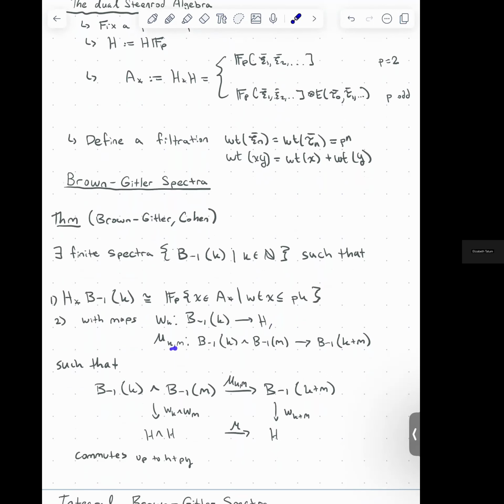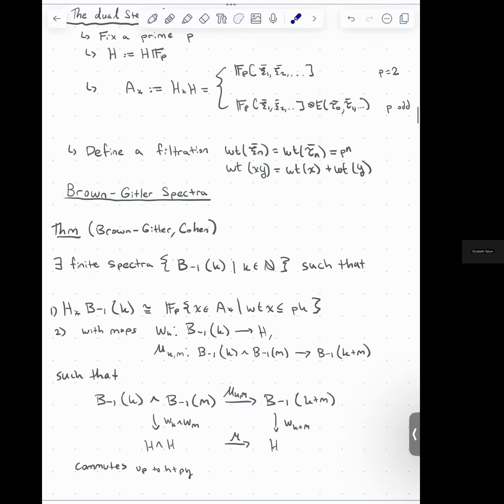And then there are pairing maps, so that if you take the kth Brown-Gitler spectrum smash the mth Brown-Gitler spectrum, you land in the (k plus m)th Brown-Gitler spectrum. And that commutes, up to homotopy, with first taking these maps to the Mahowald-Kane spectrum and then doing the usual multiplication there.